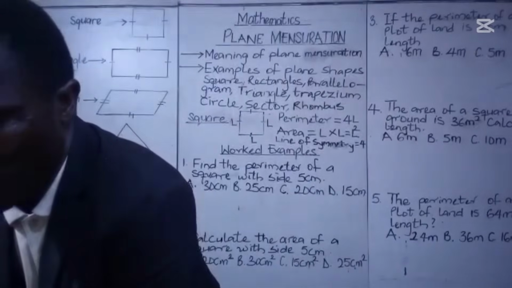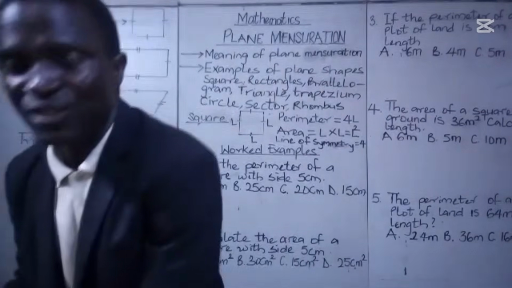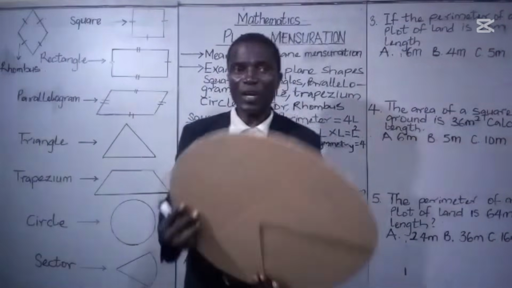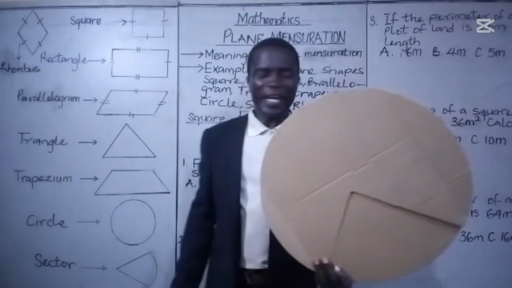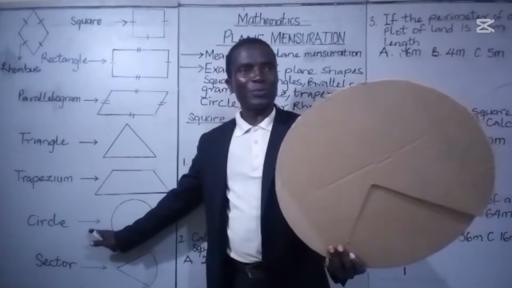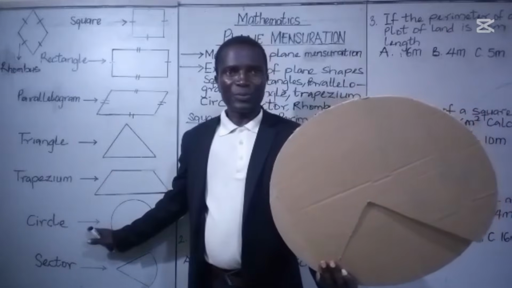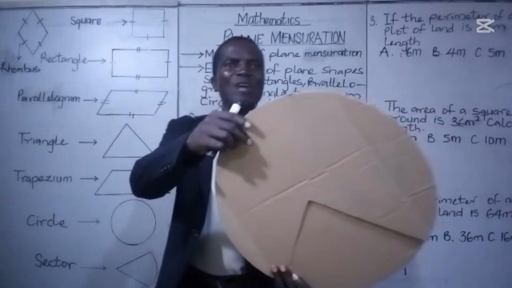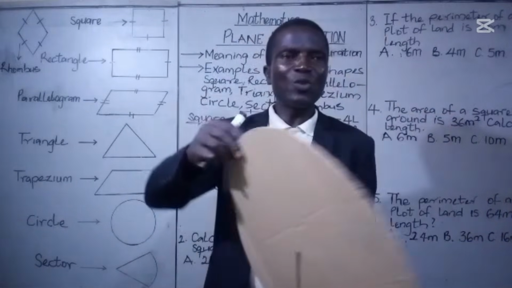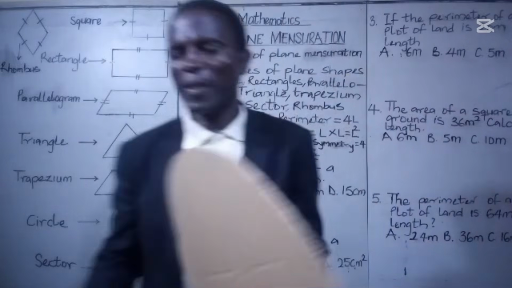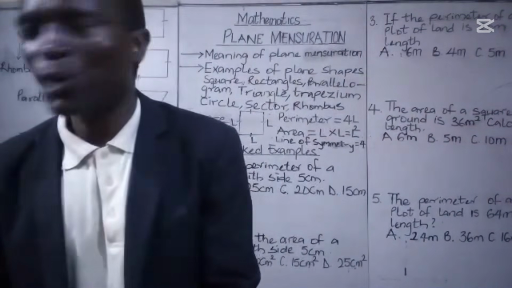Then we have another example of a plane shape here, and that is circle. You can see what I'm holding here. This is a circle. It has only outer surface. There is no inner surface.